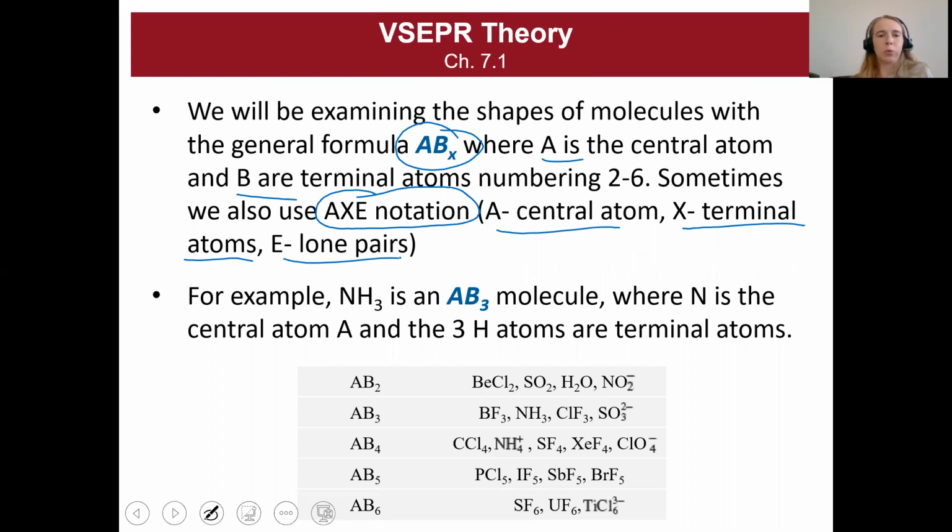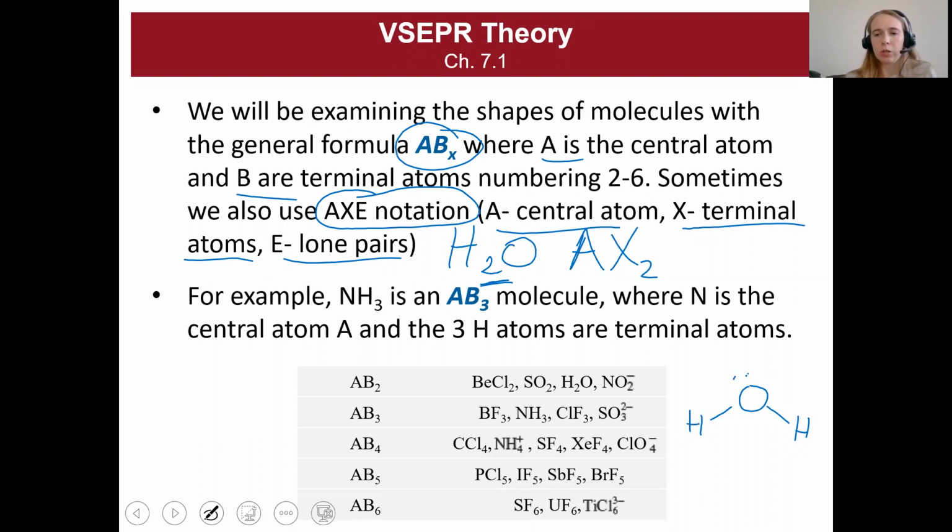So for example, for H2O, oxygen is our central atom. So we've got a central atom, and then we've got 2 terminal atoms. So I should draw it down here. We know that oxygen looks like this.